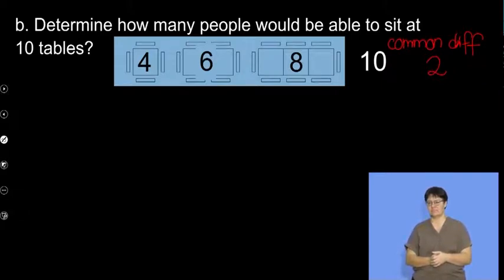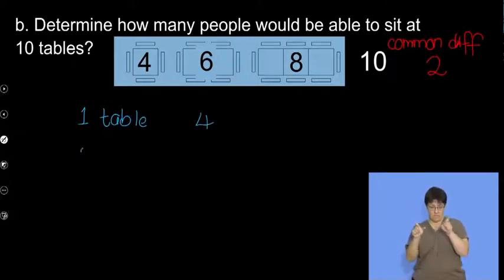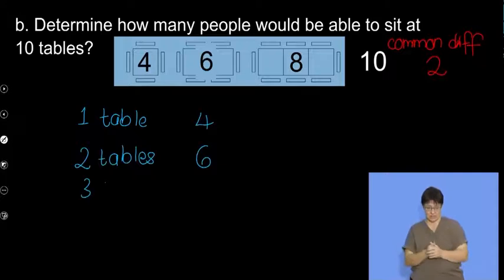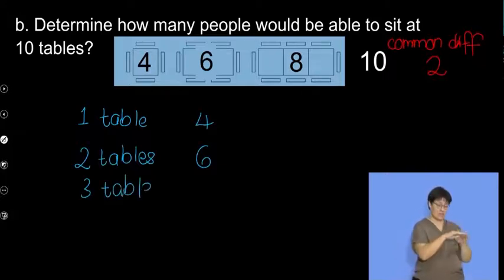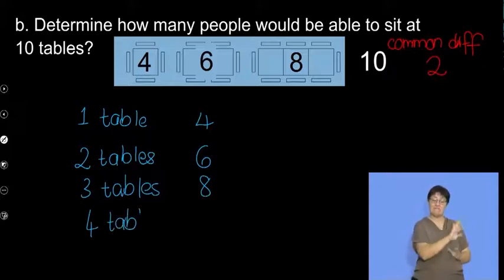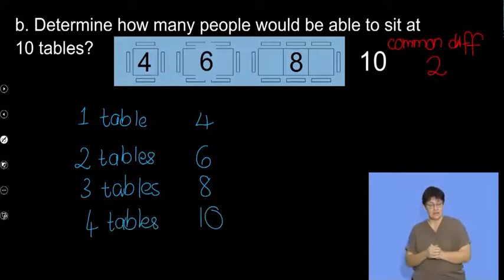So at 1 table, I have 4 students. At 2 tables, I have 6. 3 tables we discussed we have 8. And 4 tables we discussed that we have 10.